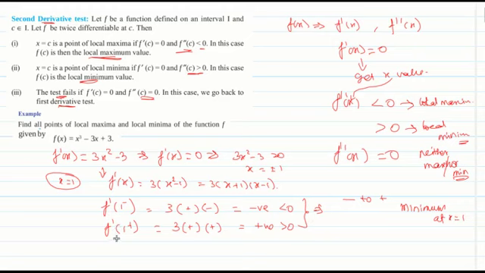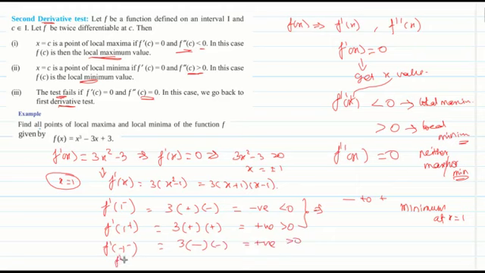And the next, f dash of minus 1 minus. Minus 1 minus, which means 3 bracket, x plus 1 will be negative and x minus 1 will also be negative, so here you will be getting positive, greater than 0.